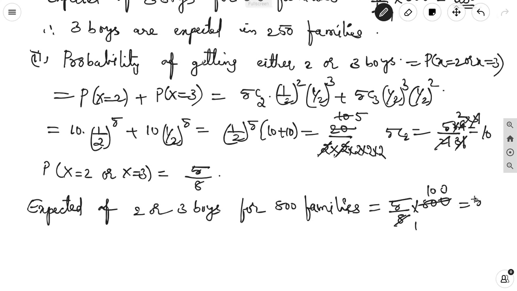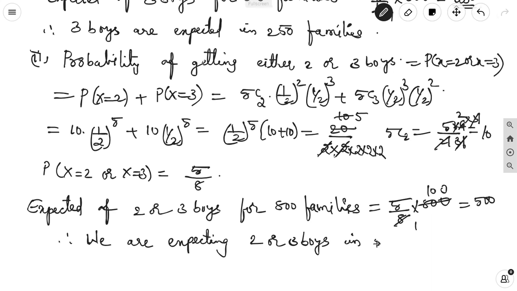That is equal to 500. Therefore, we are expecting 2 or 3 boys in 500 families. It is the second question.